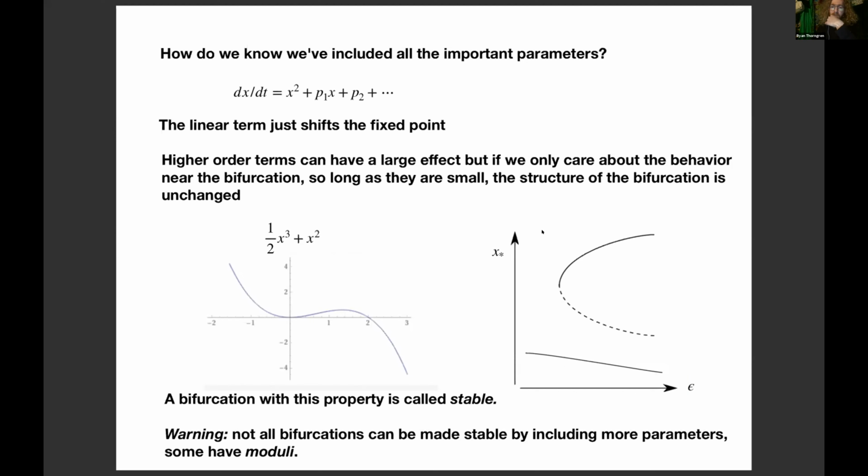For smaller values, we have just the 1 fixed point. So in the bifurcation diagram, we can plainly see that this part of the diagram is our familiar saddle node bifurcation. There's just other stuff going on at the same time.